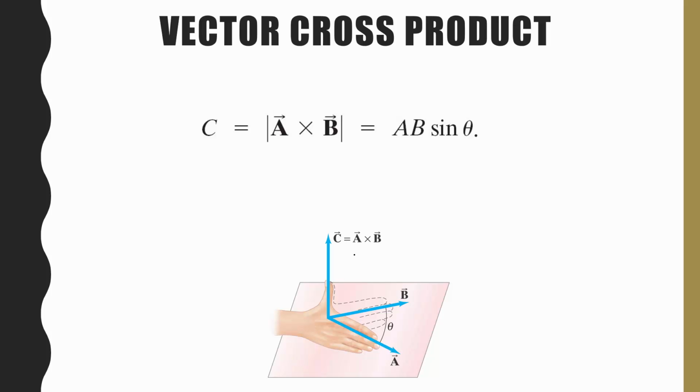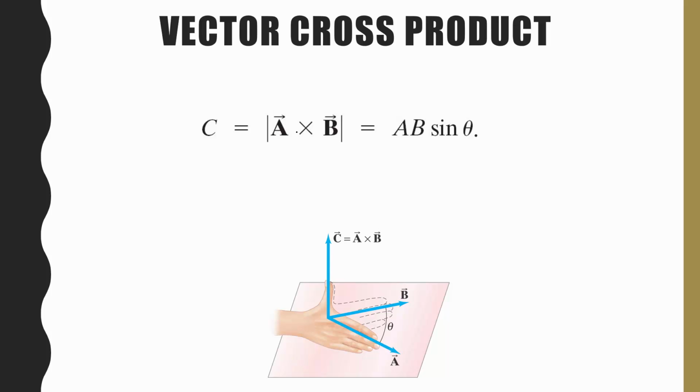To find the direction of this vector, we're going to use what's known as a right-hand rule. We're going to end up with a bunch of those in electricity and magnetism. The idea is that you point your fingers in the direction of vector A, and then you curl your fingers towards vector B, and that forces your thumb to point in the direction of the cross product of those two. So that's how you get your directionality.